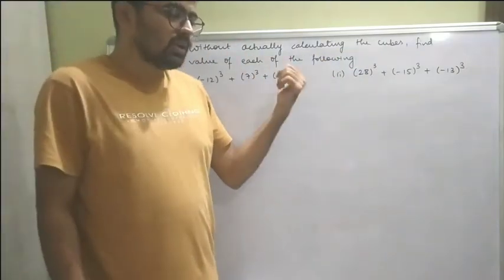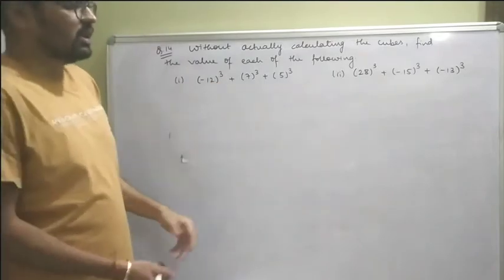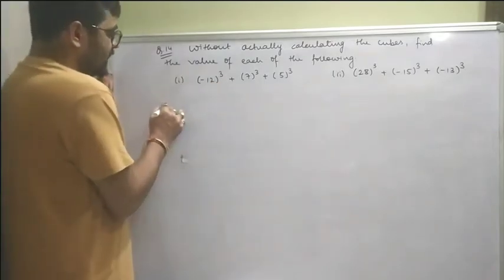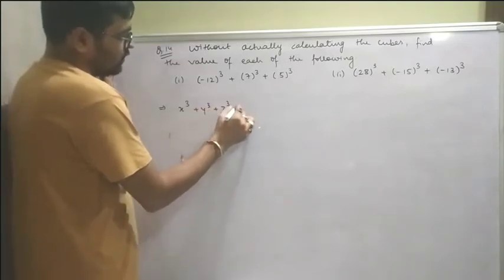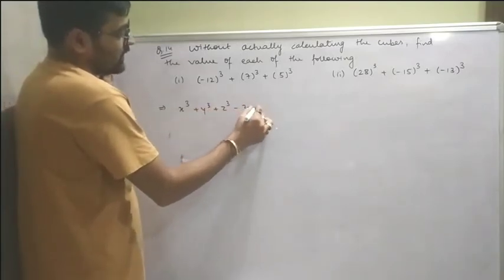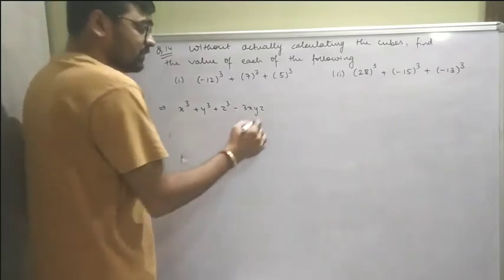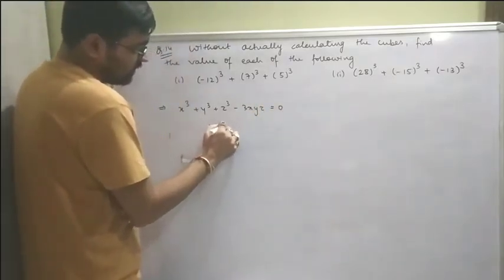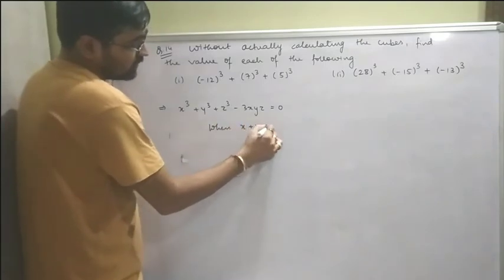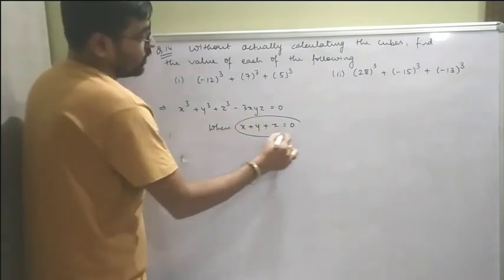I still recall the identity which we are continuously trying to solve. That identity is x cube plus y cube plus z cube minus 3xyz. And that becomes 0. कब 0 होता है? When x plus y plus z is 0.